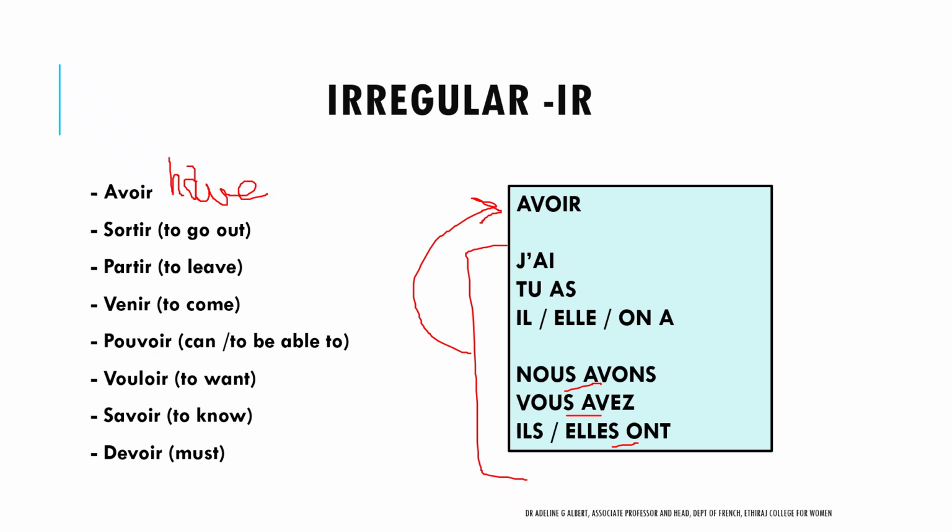Nous avons, vous avez, ils ont, elles ont. The S becomes a Z and it attaches itself to the second word. Nous avons, vous avez, ils ont, elles ont. D'accord?